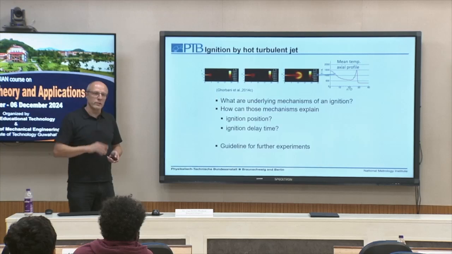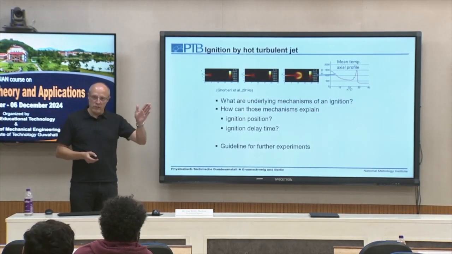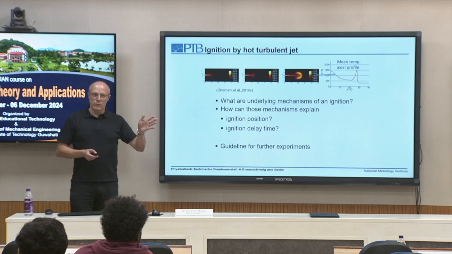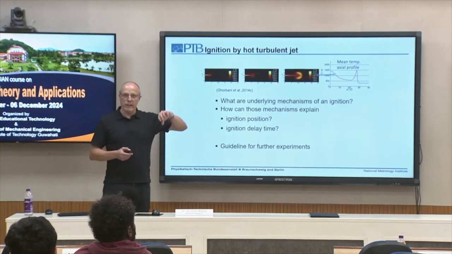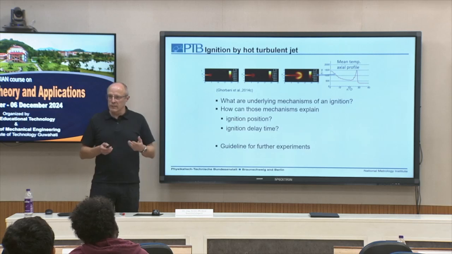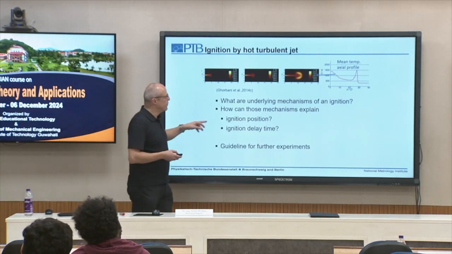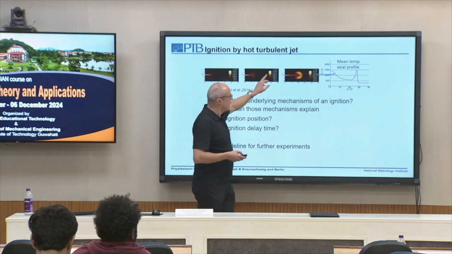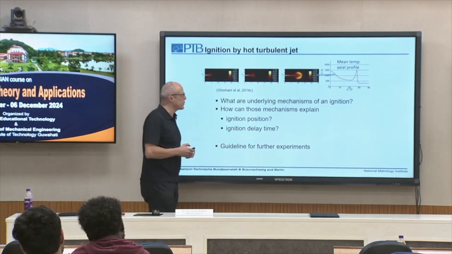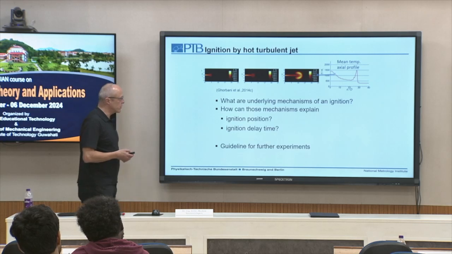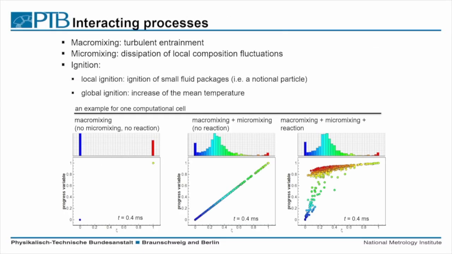But when we look with a laser inside this hot gas jet, we nearly don't see any OH radicals. And suddenly ignition occurs at a given distance from the nozzle. There the flow velocity is smaller, the shear strength is smaller, and so on.